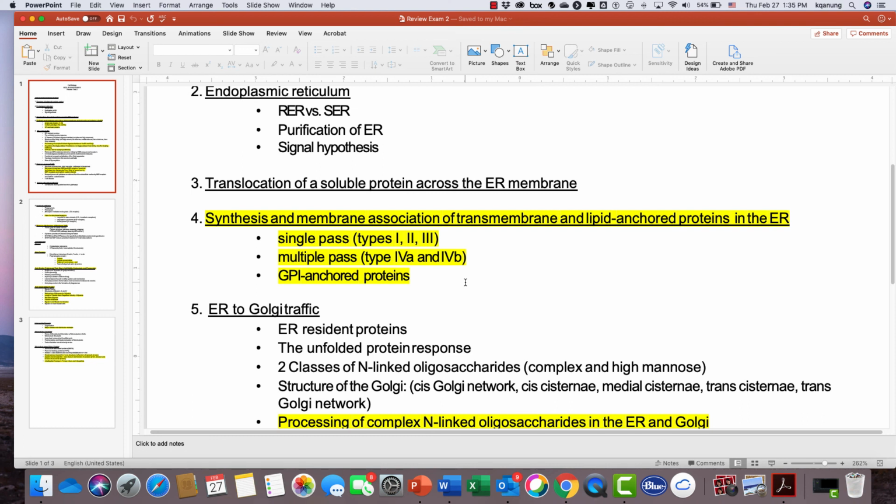And again, we cannot talk about just this thing as such, but the basic difference between the two is why you have the stop transfer and the other one is the signal anchor sequence. What happens is, your signal anchor sequence appears, it's a hydrophobic part, and once it comes in, it goes to the translocon.